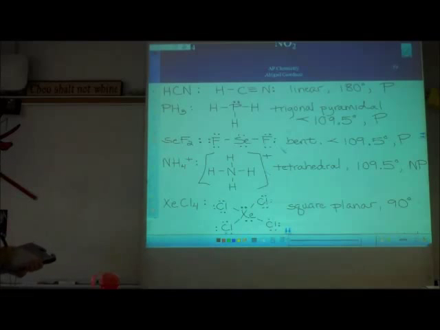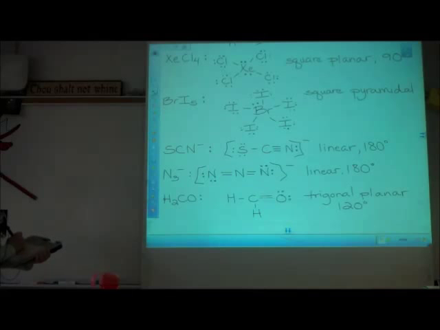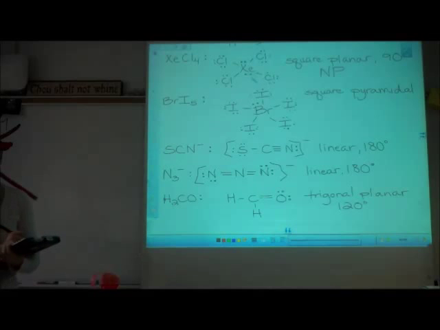Perfect. Let's keep moving down. How about this guy, square planar? Polar or non-polar? Think about what it looks like in 3 dimensions. It is non-polar. That's why that lone pair rule, throw it out. It doesn't work anymore.